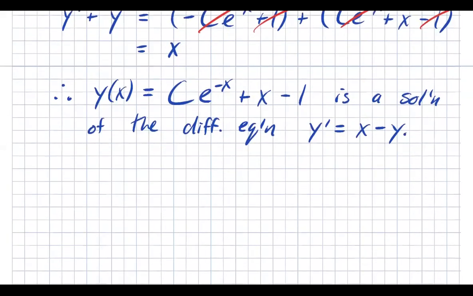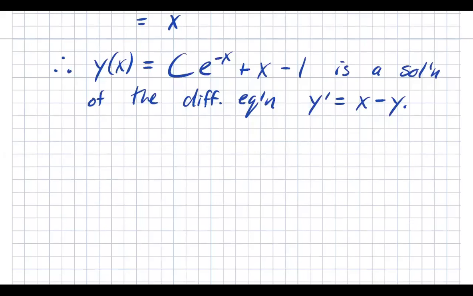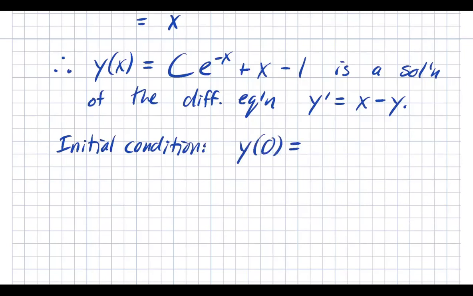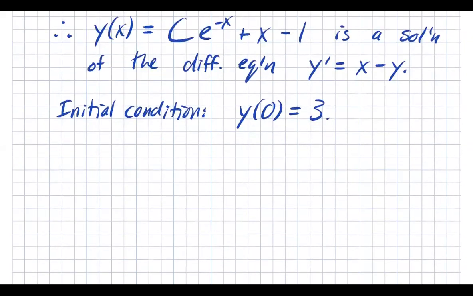Now we want to determine the value of this c. Our initial condition is y of 0 equals 3. So what is y of 0?